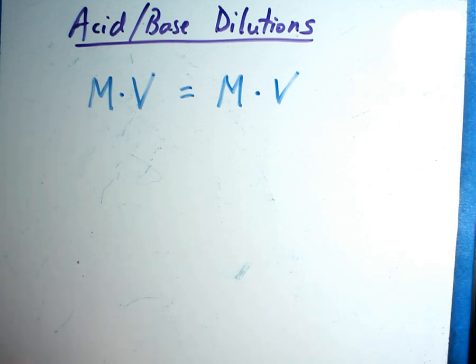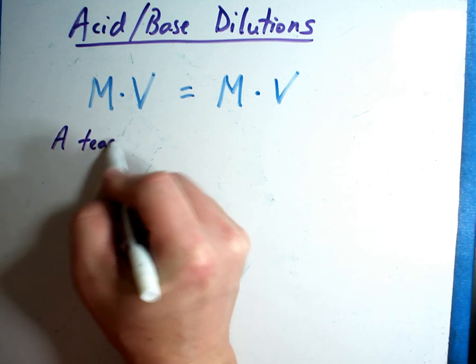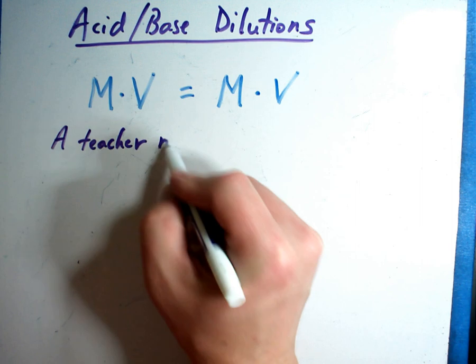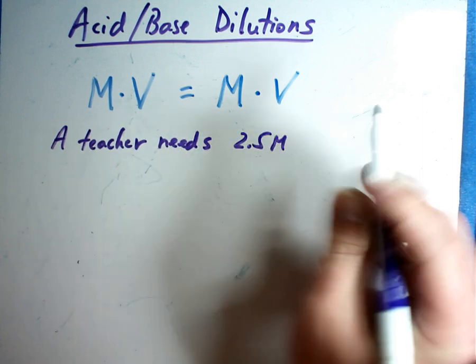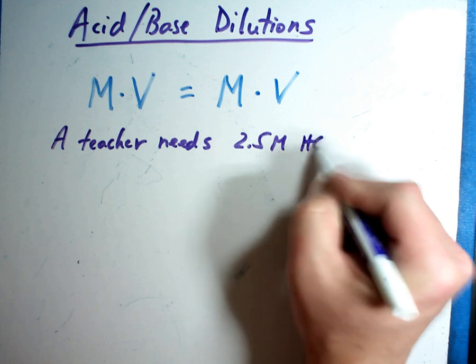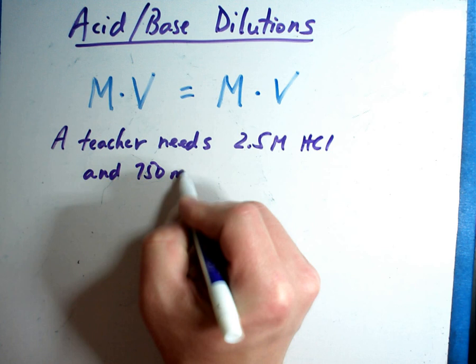And I'm just going to do it as a word problem. A teacher needs 2.5 molar hydrochloric acid and 750 milliliters.